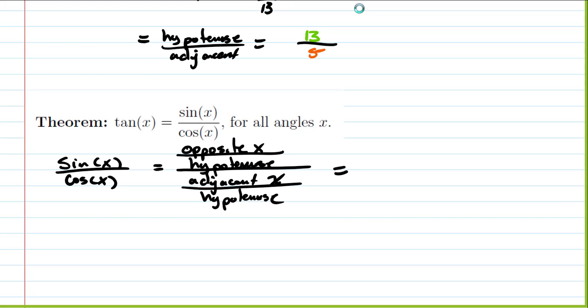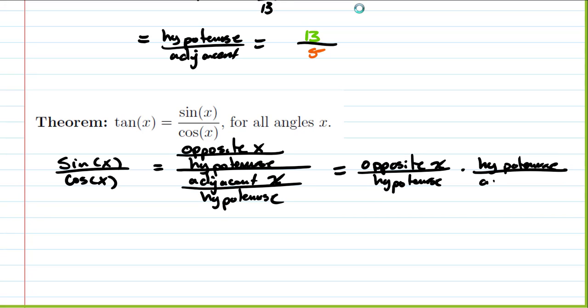But if we have a fraction divided by a fraction, it's the same as multiplying by the reciprocal. So we have opposite of x over hypotenuse times the reciprocal of the denominator, so that'll give us the hypotenuse over adjacent.